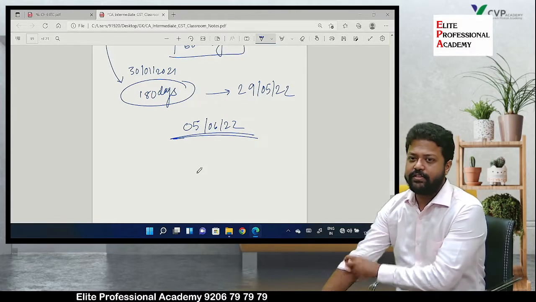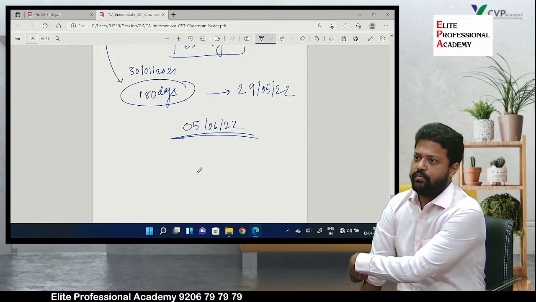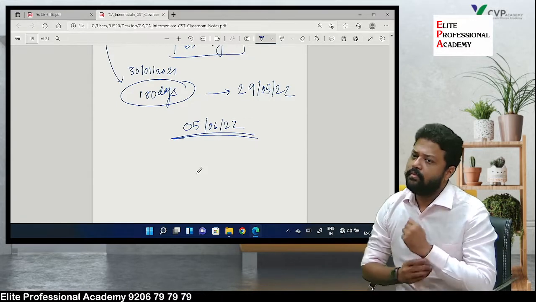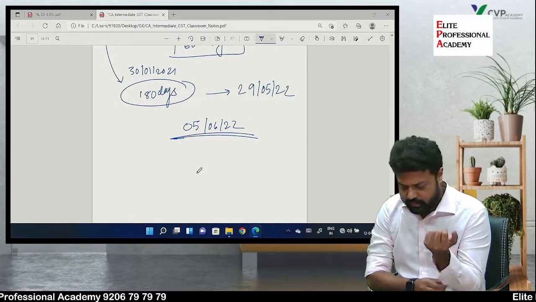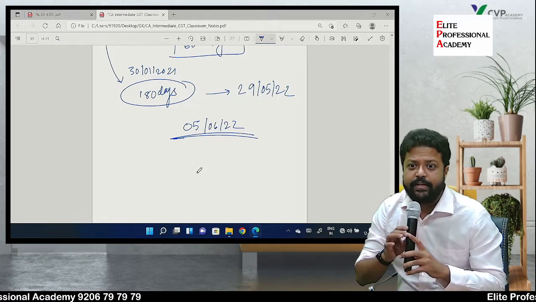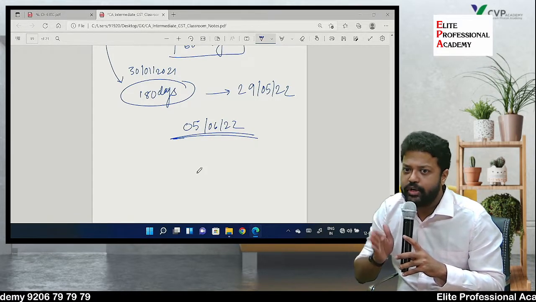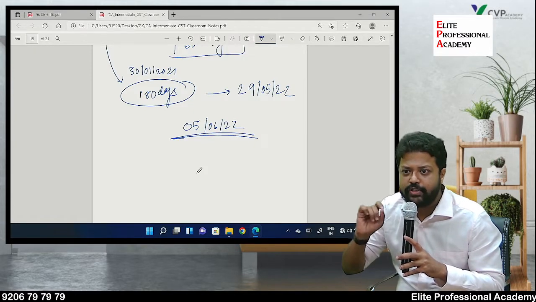Any language would do. Perfect, right? So availment means claiming the input tax credit, and utilization means setting it off against your liability.